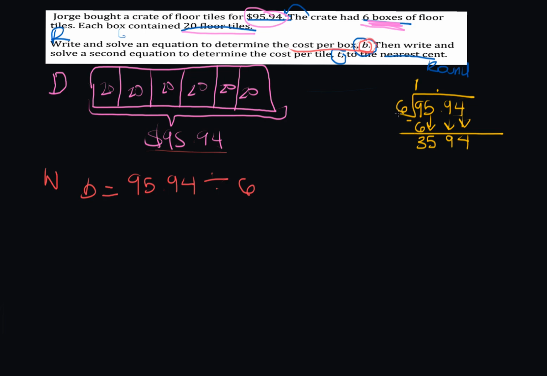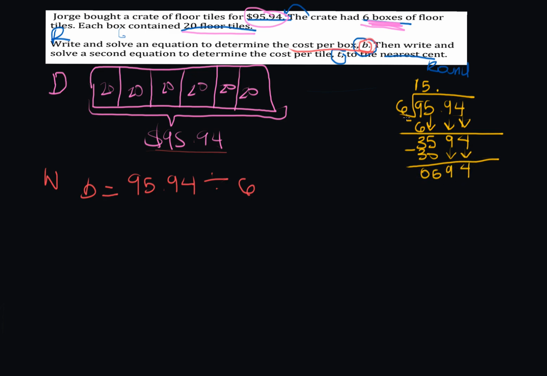Now, does 6 go into 3? No. But does 6 go into 35? Yes. 6 times 5 is 30, so we're going to do 6 times 5, multiply 30, subtract. 5 minus 0 is 5, 3 minus 3 is 0, and bring down our other numbers, 9, 4.